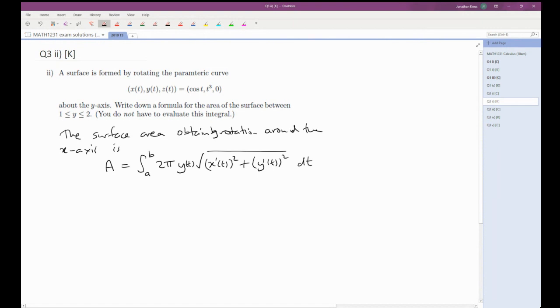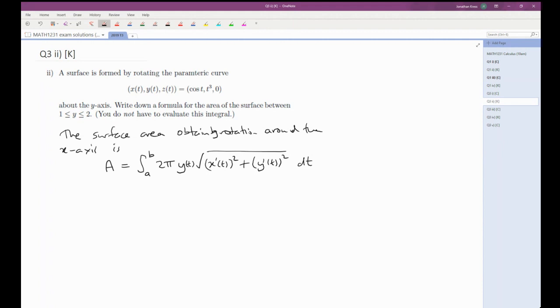I prefer to remember this parametric form rather than y as a function of x, because if you have y as a function of x, you can obtain this just by setting x of t to be t, and then you get the formula. But we're given the curve in parametric form, so we'll use this one.